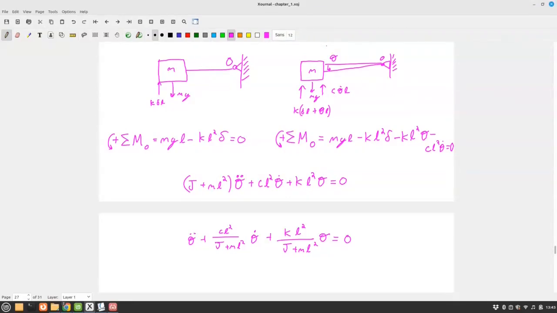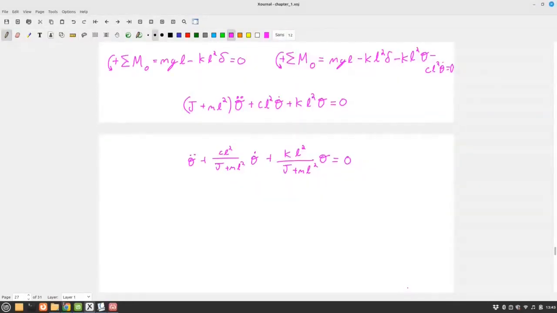So maybe now if you think about the standard form, I can figure out my natural frequency, because this term here is equal to omega n squared.